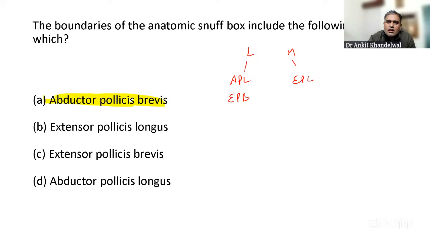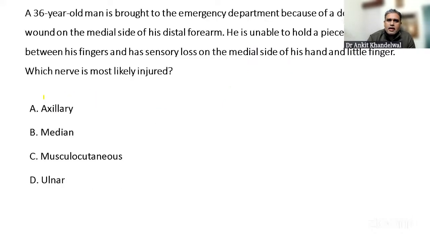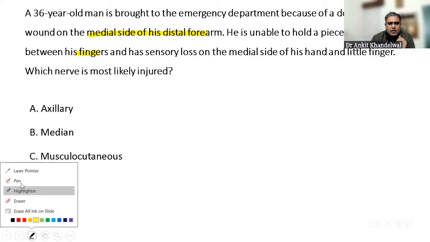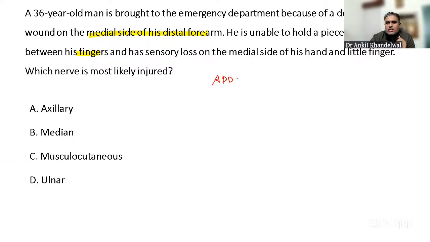A man is brought to the emergency because of a wound in the medial side of the distal forearm. He is unable to hold a piece of paper between the fingers. So there's weakness in what? Adduction. Problem in adduction of the fingers. Adduction is by which muscle?